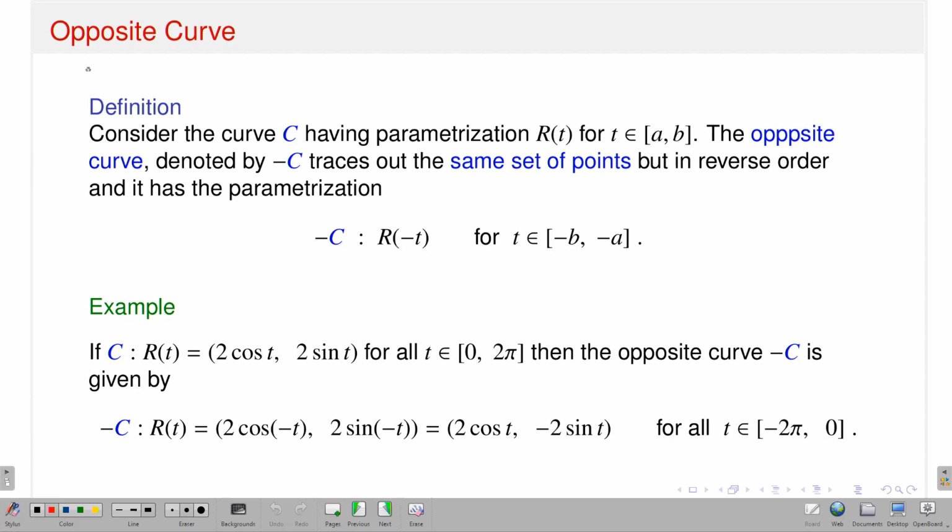Okay. So let us see the definition of the opposite curve. In fact, I gave the definition in my last lecture. So what is my definition? Consider the curve C having a parameterization R(t).